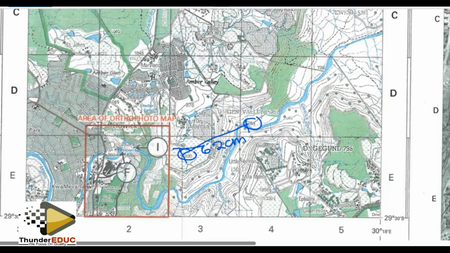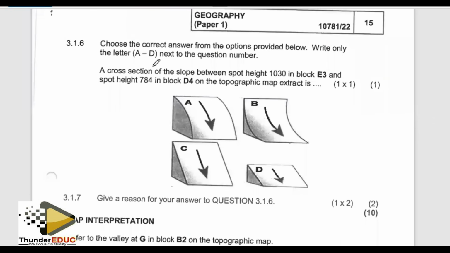But as you go to the other side, look at the contour lines here. The contour lines at this particular point are too close to each other, which shows a steeper gradient, right? Which means it could be something like this. Gentle, then becomes steep. Let's check our options.